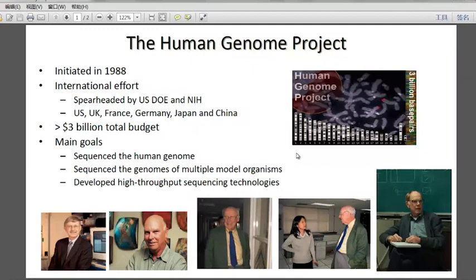It had a total budget of $3 billion US. Its aim included not only the sequencing of the human genome, but also the sequencing of the genomes of many model organisms. It also supported the development of many genome-wide high-throughput technologies.